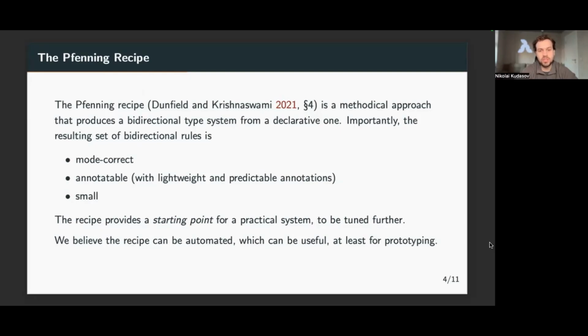Moreover, the type annotations that are required by this new bidirectional system are lightweight, meaning they are only in the places where they're really needed, but they're also predictable, meaning that programmers know which parts of the program require annotations. The recipe is outlined again in much detail in the 2021 paper by Dunfield and Krishnaswamy, and what we believe is that this recipe is subject to automation in a language agnostic way, and to the best of our knowledge, this has not been done before.